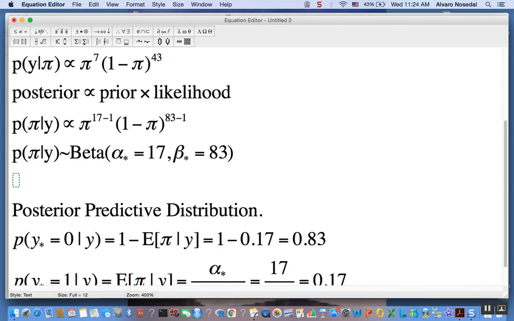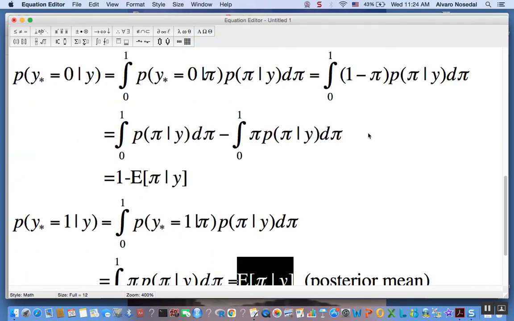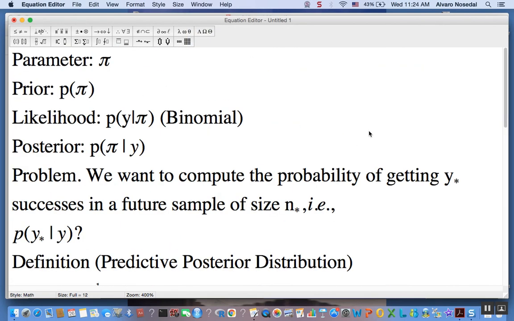Okay, so let's summarize what we did here. In this video we wanted to answer the following question. I want to find the probability of getting y star successes in a future sample of size n star. How do I go about that? The answer is use the predictive posterior distribution.